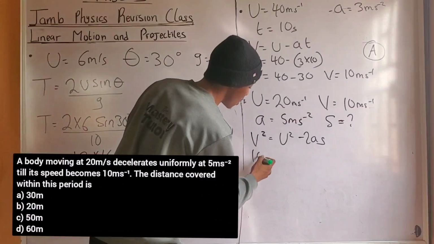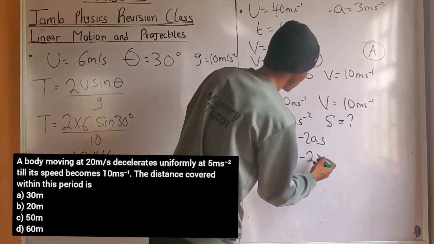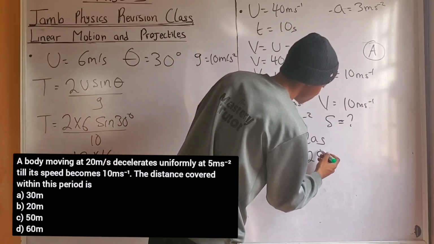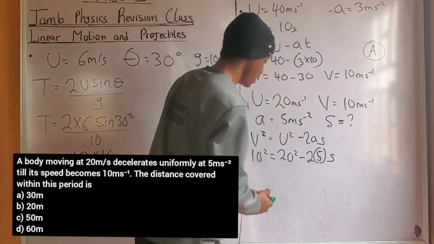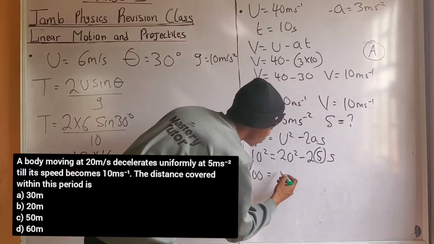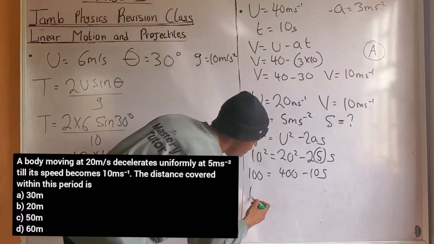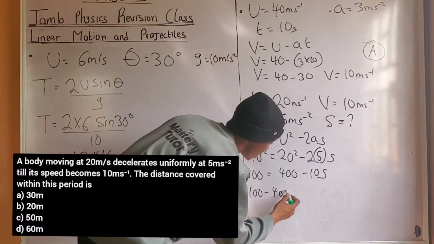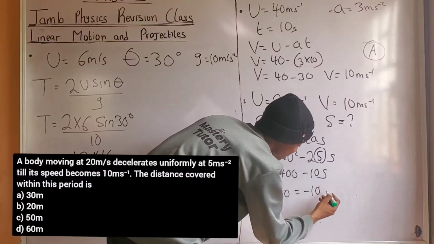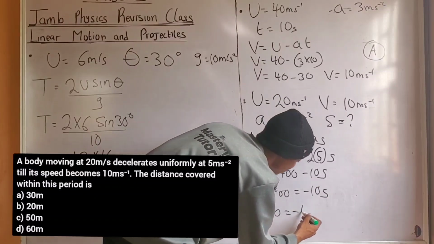I'm going to have 10 squared equals u squared, which is 20 squared, minus 2 times 5 times s. 10 squared is 100. 100 equals 400 minus 10s. 100 minus 400 equals negative 10s. Negative 300 is equal to negative 10s.